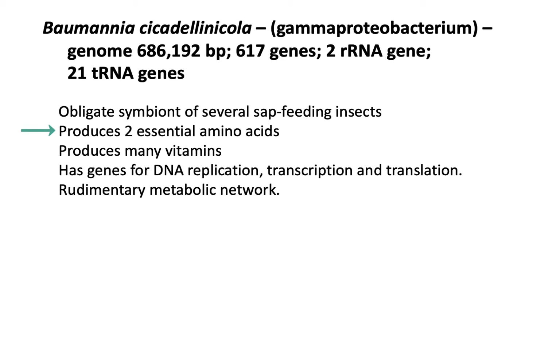It only produces 2 essential amino acids, but it produces many cofactors, also called vitamins. It has genes for DNA replication, transcription, and translation, so it does make its own proteins, but it has a rudimentary metabolic network, similar to that seen in Solsia.